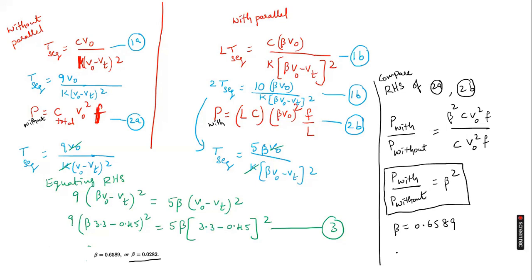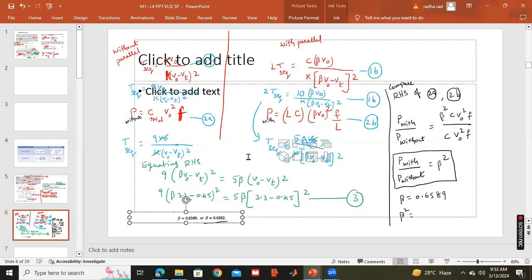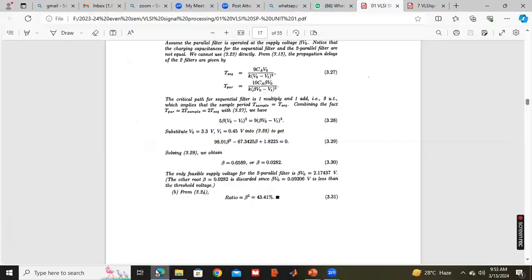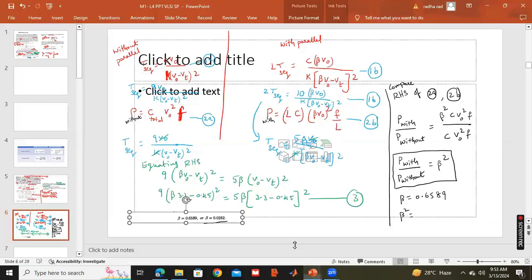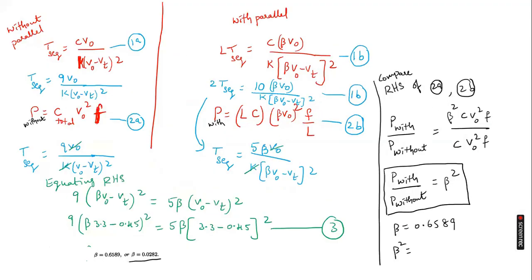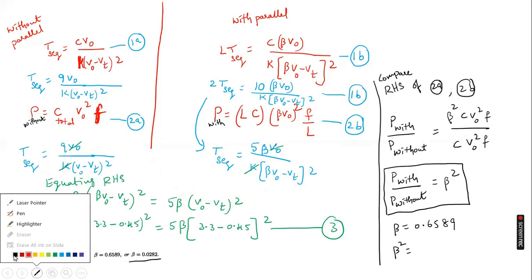So beta square means 0.43 will come. If it is a percentage, 43% will come, because we are squaring 0.65, not 0.6. So finally beta square is 43.41, that is 43.41 percent.